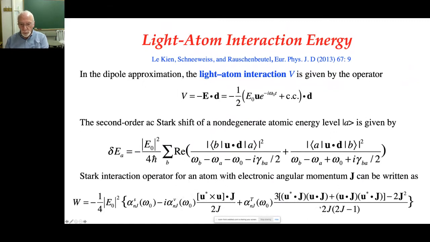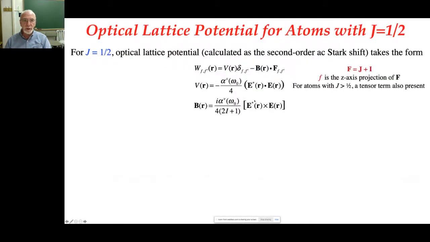However, we're going to be interested in atoms with angular momentum with hyperfine equal 1/2, and in that case, the tensor component will vanish identically, and we will only have the scalar part and the vector part of the potential of the AC Stark shift present because of symmetry.